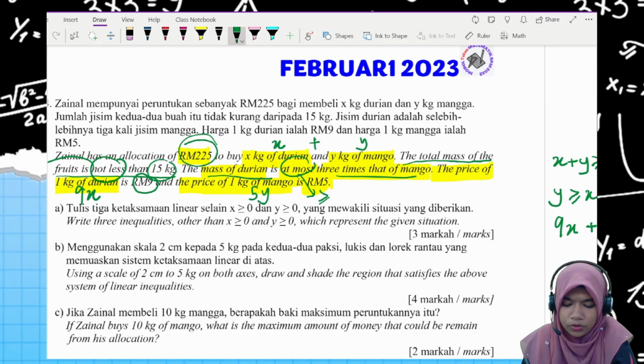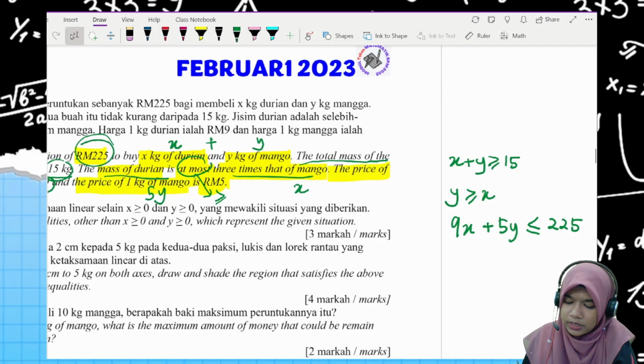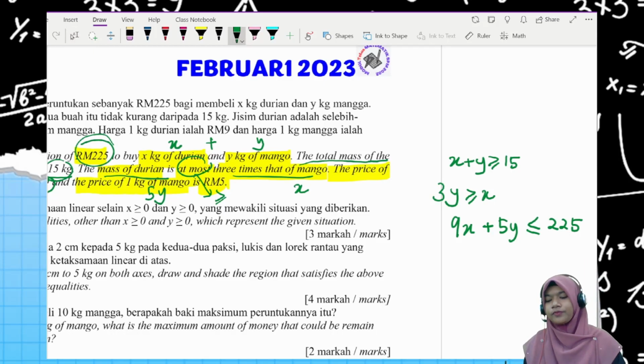The mass of durian is at most three times of mango. This one is y. Sorry, this one is x. So the inequality here is 3y greater than or equals to x, because durian is heavier, three times of mango.